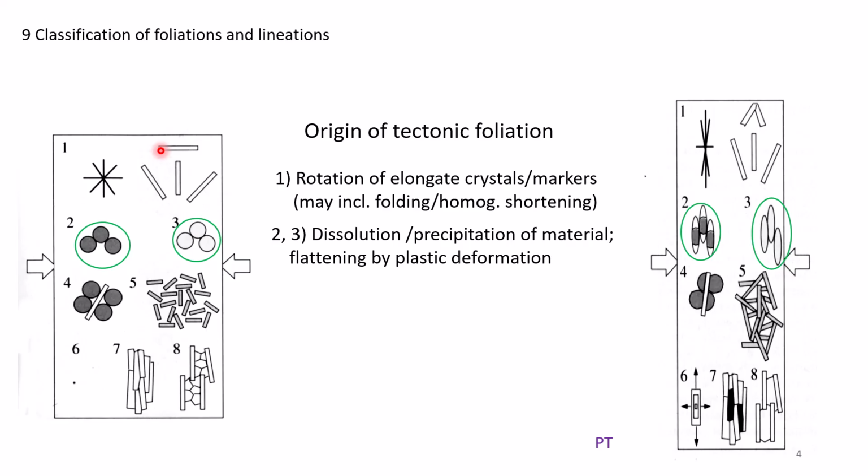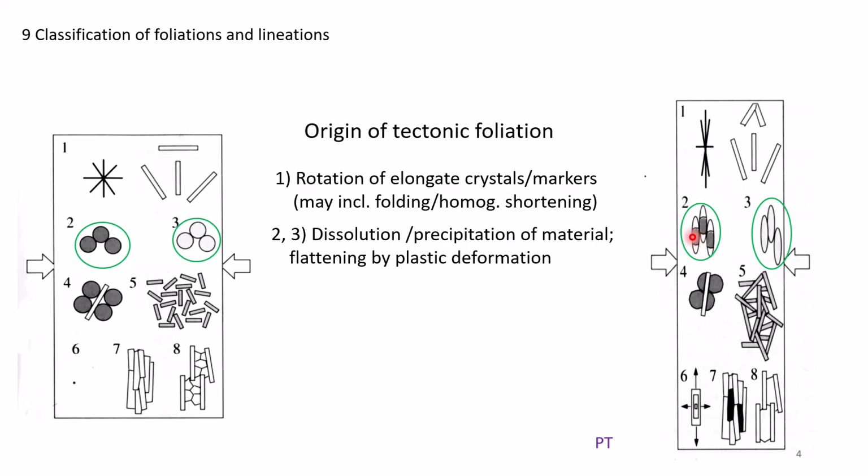In examples 2 and 3, we see markers that are touching each other, and they are responding in a different fashion. When we look at example 2 here, we can see that dissolution creep is taking place.